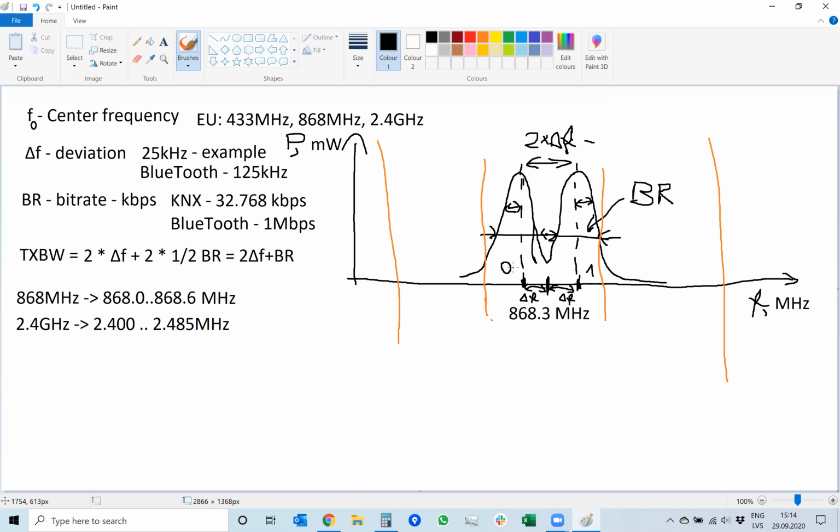The result is just wrong stream of ones and zeros or something similar. So this is why the regulation also says that you cannot transmit more than 1% of the time, and the longest message, for example, for 868 megahertz, is something like 0.36 seconds. So you send a short message, and then you have to be silent for 99% of the time so that other systems, other devices can also communicate.